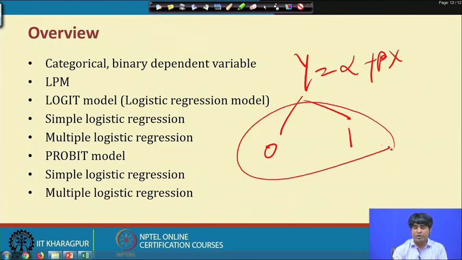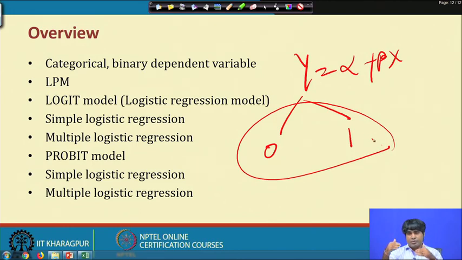Like we have discussed gender, now the gender will be on the left hand side, that is the dependent variable, and then we have an independent variable which is not necessarily qualitative, which involves both quantitative and qualitative, but the dependent variable will be qualitative, varying between 0 and 1 only. We know probability varies between 0 and 1, so these are two extremes.